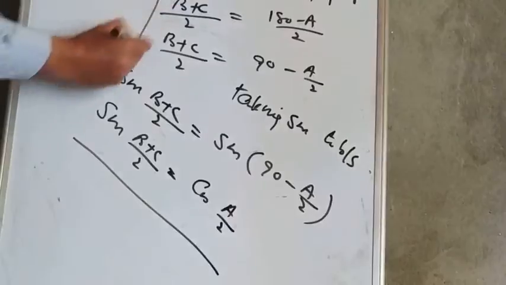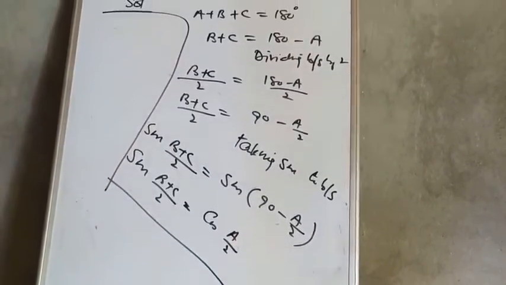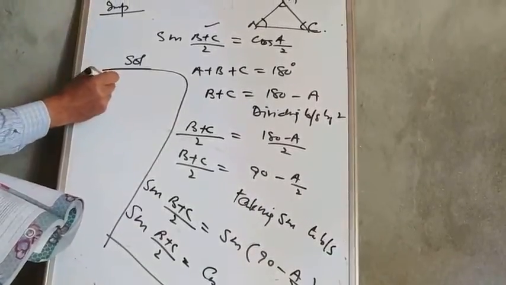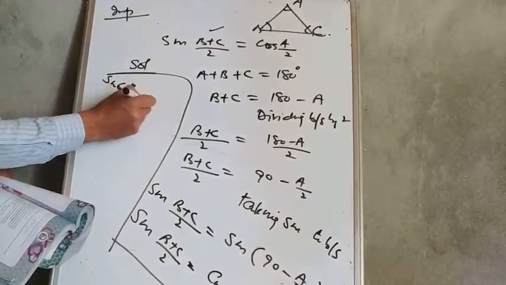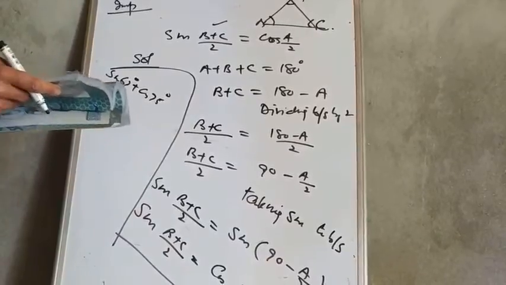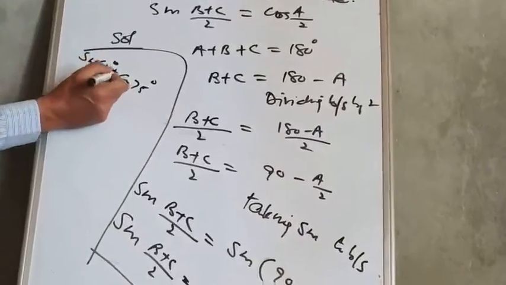Now the last question. Question number 7 is: express sine 67 degrees plus cos 75 degrees in terms of the angles between 0 and 45 degrees. Now we will change both these angles.